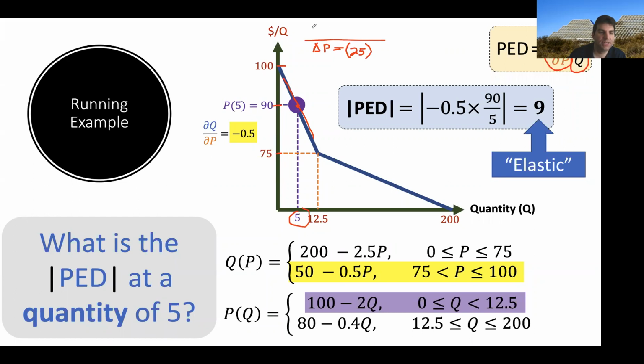And my delta Q then, and I'll put a little negative sign just to be formal, is going from 0 to 12.5. So it's just 12.5. And it's just a negative because the price and the quantity went in opposite directions. And so if I've done that right, then 12.5 divided by 25 is of course 0.5, and there's the negative sign there. So this right here is how I got the negative 0.5 down here. All right, got it. Thank you.